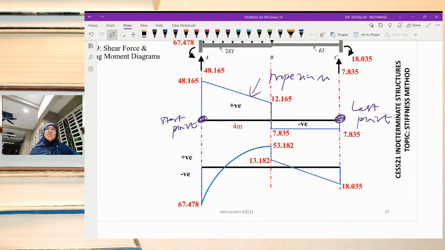The idea is we have to take out the element and assume that both ends are fixed, then we apply the formula. We want to make sure that the system is in equilibrium. That is why every vertical load must be balanced with vertical reaction, and besides that we have to calculate the moment as well. Moment occurs at the fixed support.